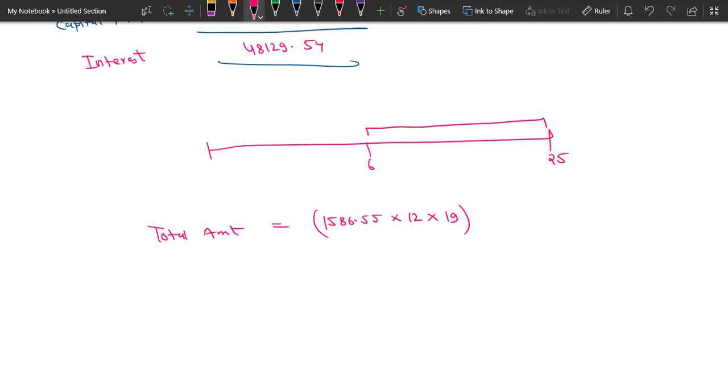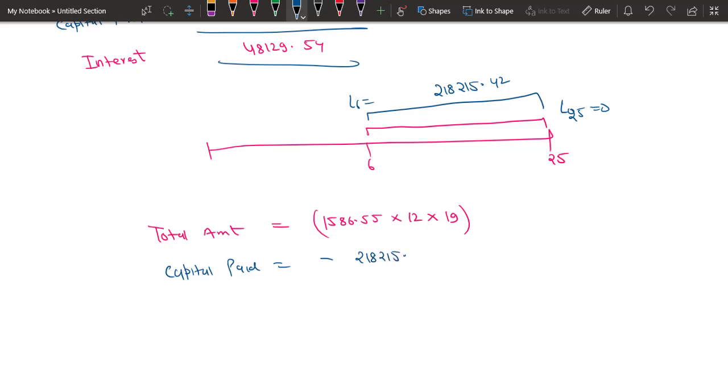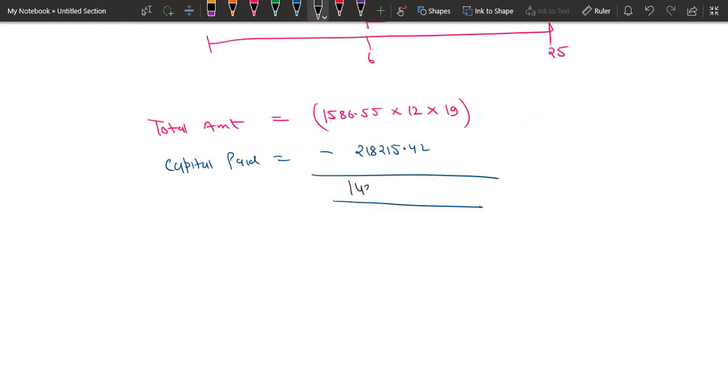So this is my total amount, and the capital that I would pay would be, in this term, 2,18,215. This would remain the same because L25 will be equal to 0, and we know L6 equals this amount. So less the capital, we would get an interest amount of 143,517.98.